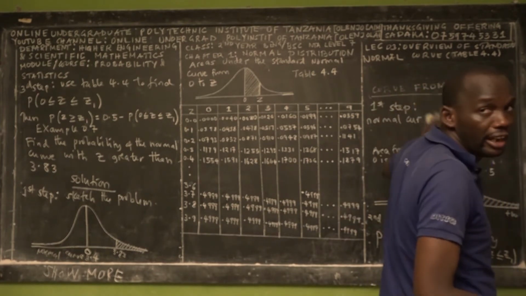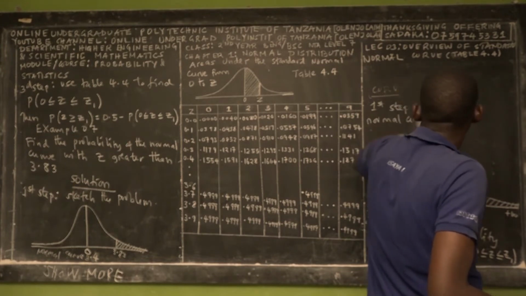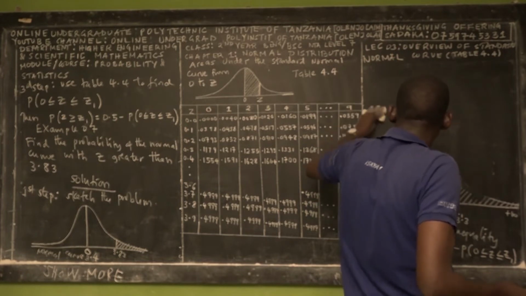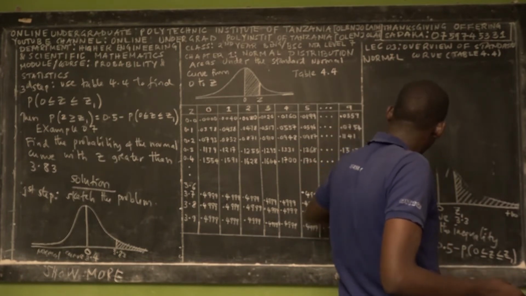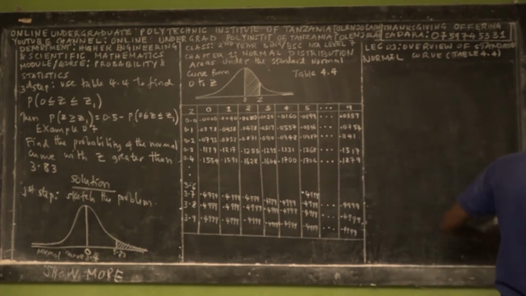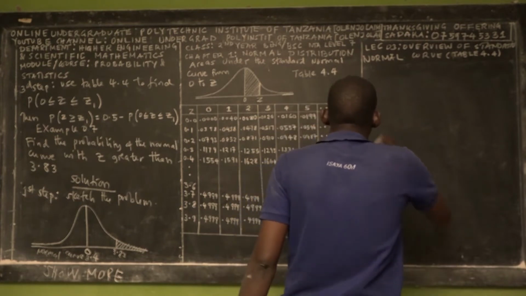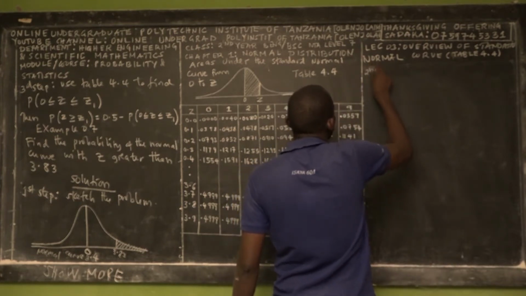We're enjoying the lecture series of probability and statistics, on normal distribution, called the overview of the standard normal curve, table 4.4.